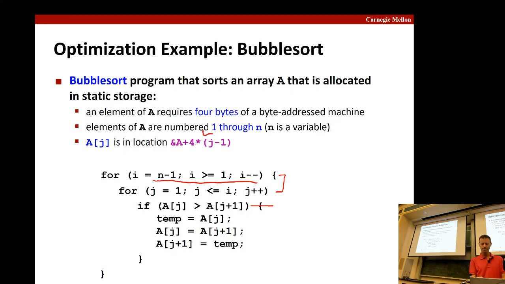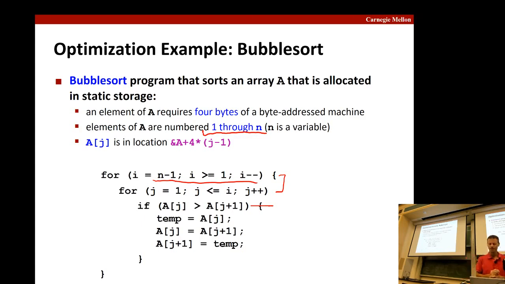Now this is a little artificial, but it makes for a more interesting example. I'm assuming here that the programmer was resistant to the C notion that arrays start at 0, so they wrote their program insisting that they wanted to keep their values in A1 through AN, as opposed to A0 through AN minus 1, and that's perfectly acceptable. Maybe that helped them with conceptualizing later indexing into the array.